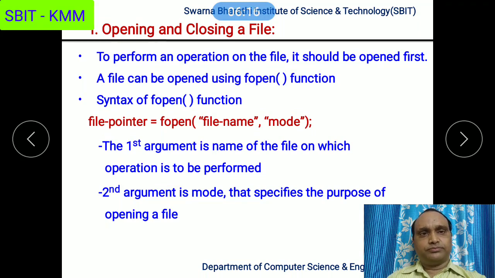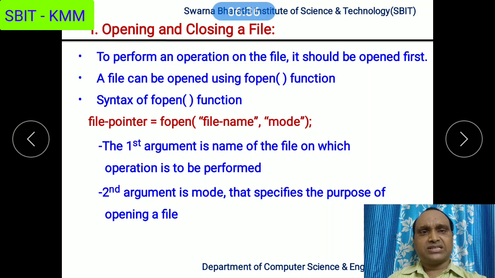This mode option is the most important option in the fopen function. We will discuss the mode option in detail a little later. So this is the significance of the file name and mode arguments for the fopen function.